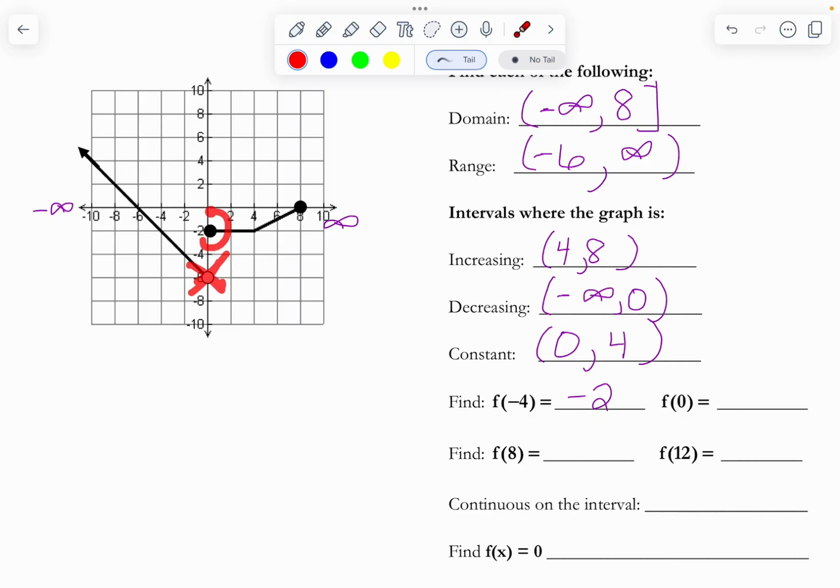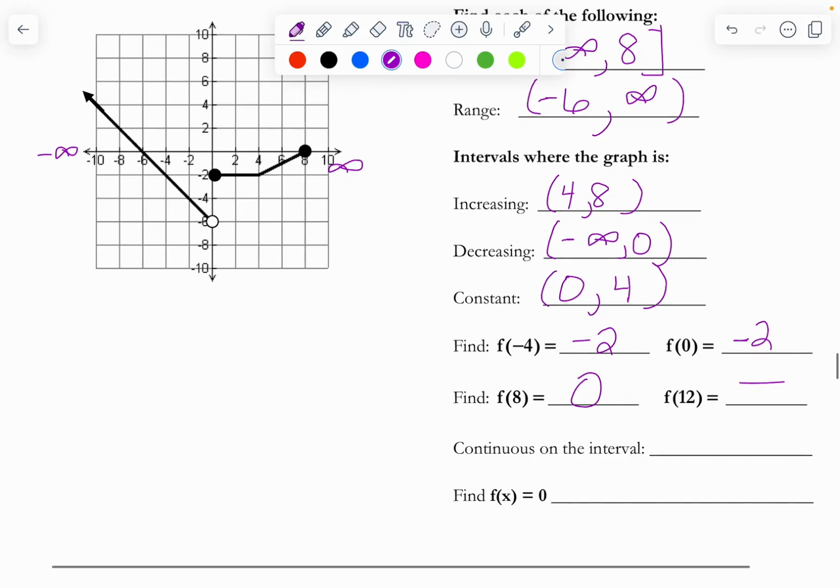So the only thing you would take is negative 2. That's super important. When x is 8, my y value is 0. Now, we have no idea. We don't have a function over there when it's 12, so we're just going to leave that blank. We don't know.